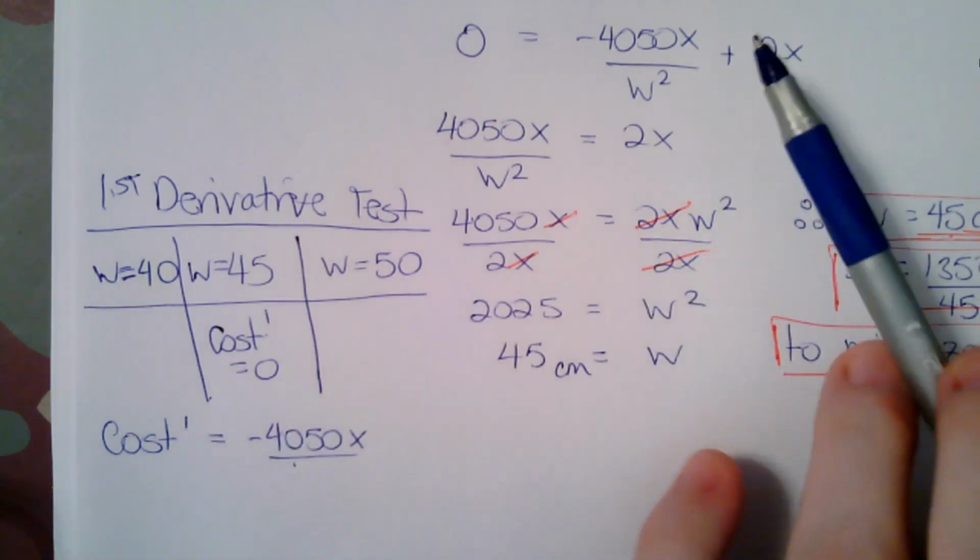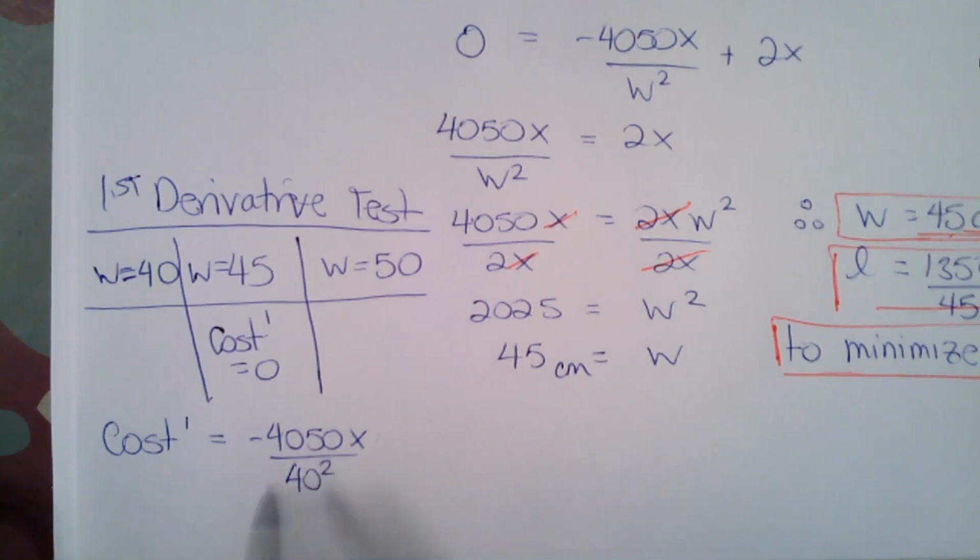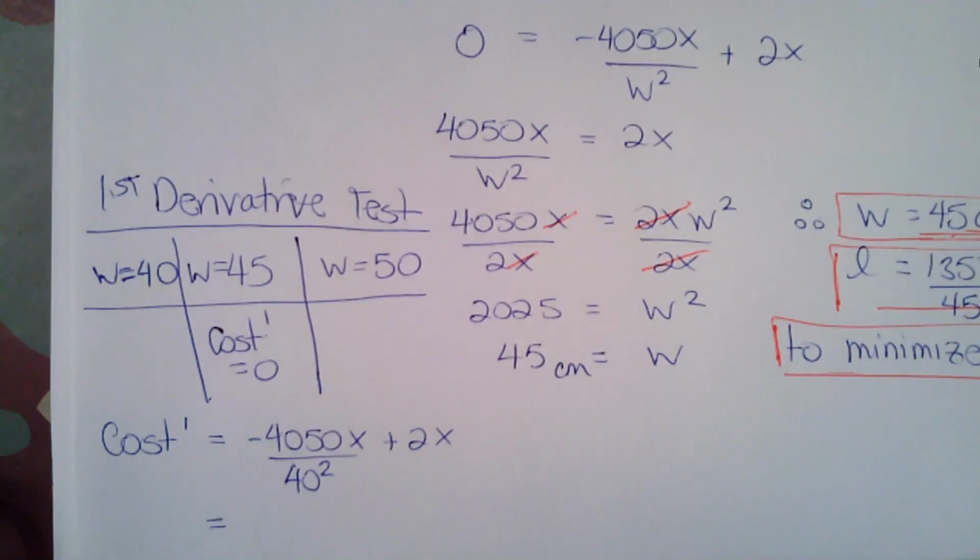So subbing this back into the derivative with 40 as W gives me this plus 2x, 450 divided by 40 squared.